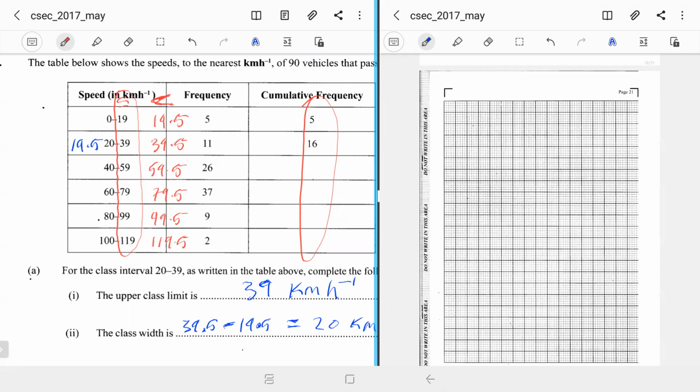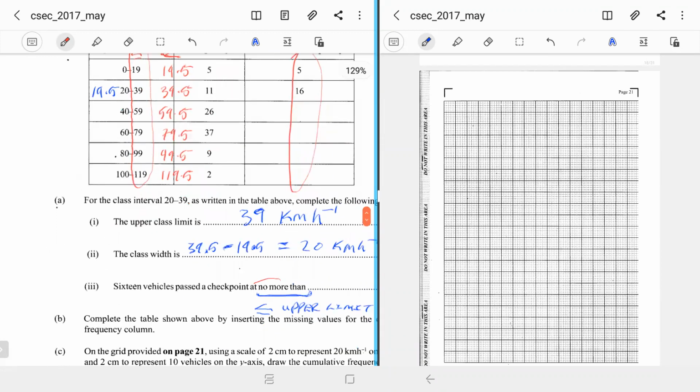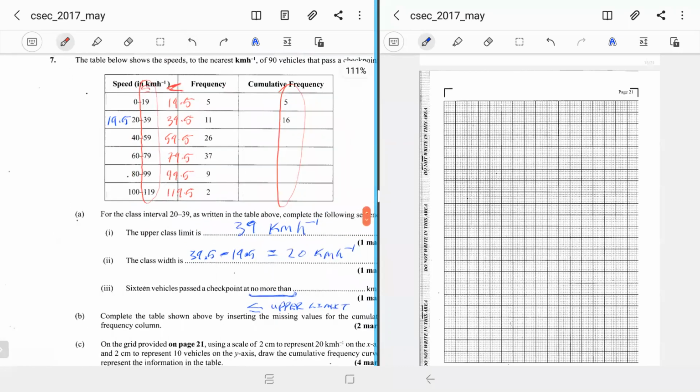This question is asking us for no more than. No more than means that amount or less. If something must be no more than 20, it means that it can be 20 or less. So it's a less than or equal to situation.